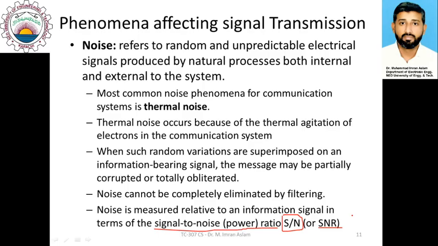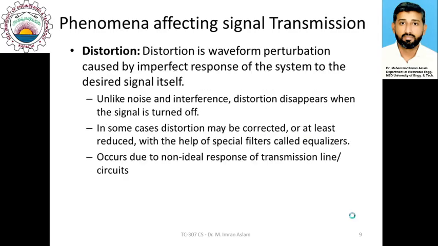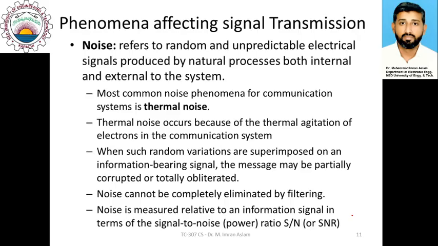So these are three major phenomena which affect the propagation of the signal in a communication channel. Namely, we talked about distortion, which is because of the imperfect response of the system; interference, which is because of the presence of external signals; and noise, which is because of the inherent thermal noise of the system, which affects the overall propagation.